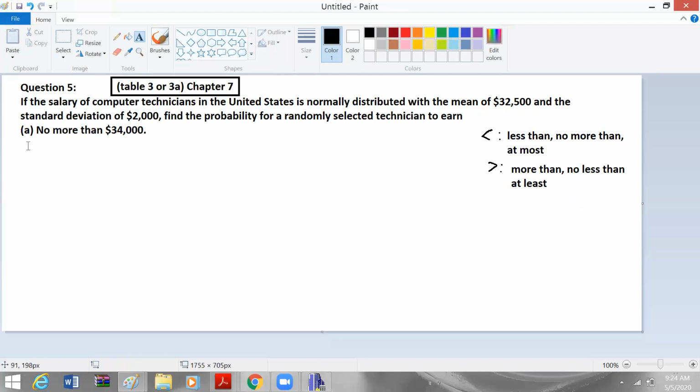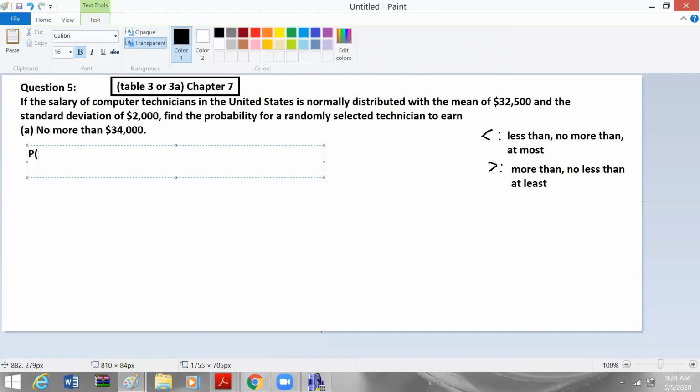So now what the question is asking us is to compute a probability of X, right? The question is going to give us the mean and the standard deviation. So X, no more than 34,000, is something that we need to convert to the Z-score. I believe that most of us do this part, but many of you actually got it wrong.